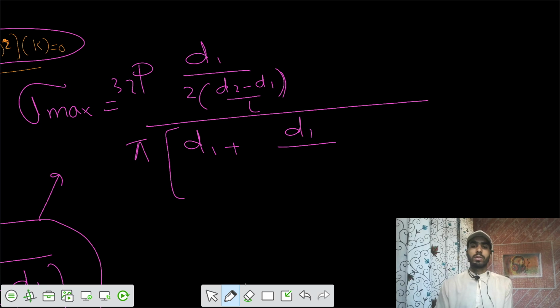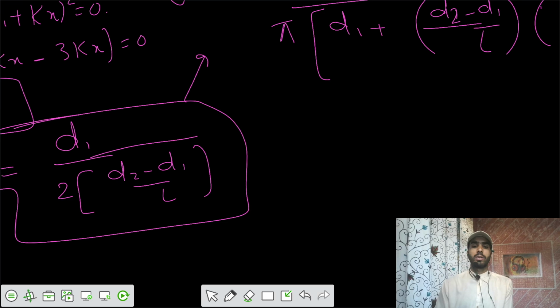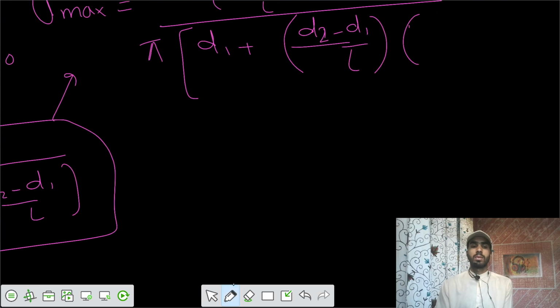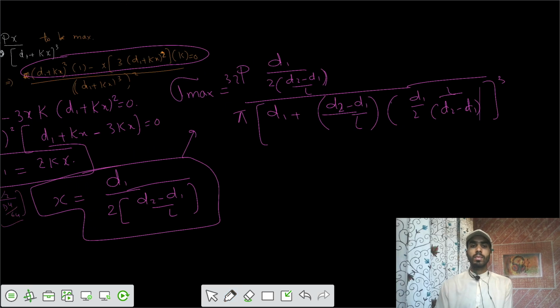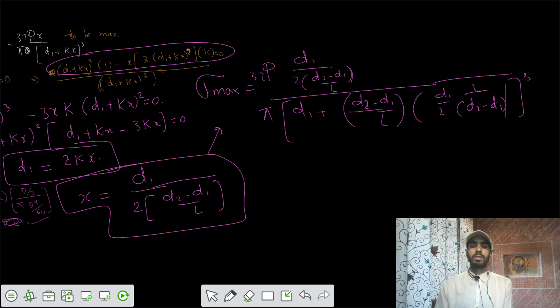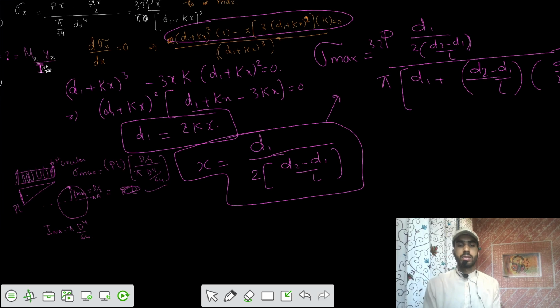The value of k was d2 minus d1 by L, and the value of x is itself d1 by 2k. And this was d1 plus kx whole cube. Finally, you got this maximum bending stress, and if you know the values, you can substitute them.